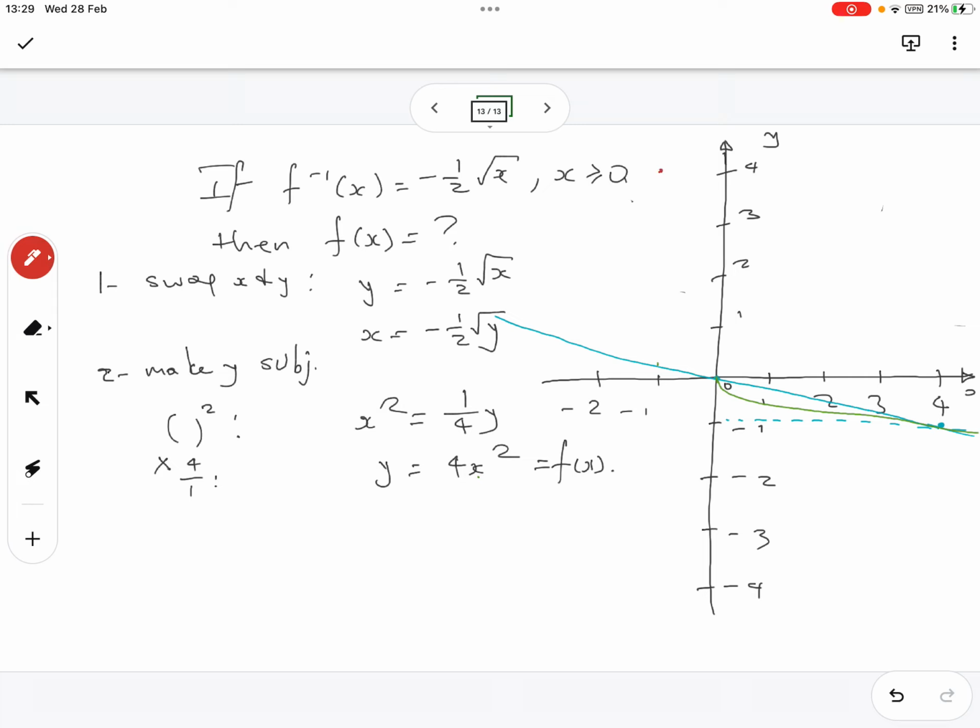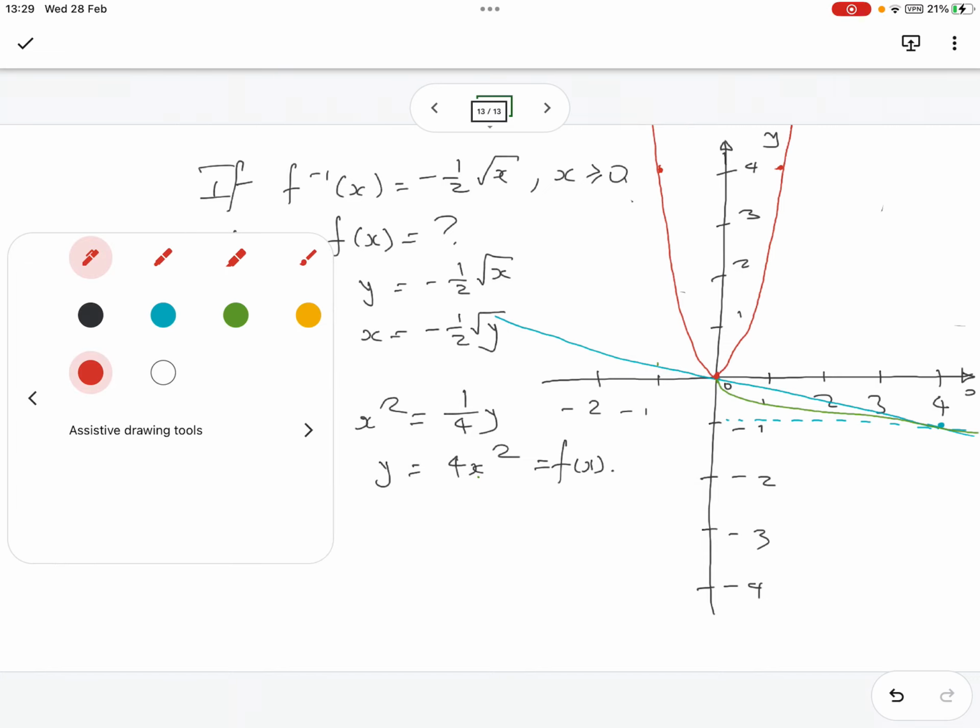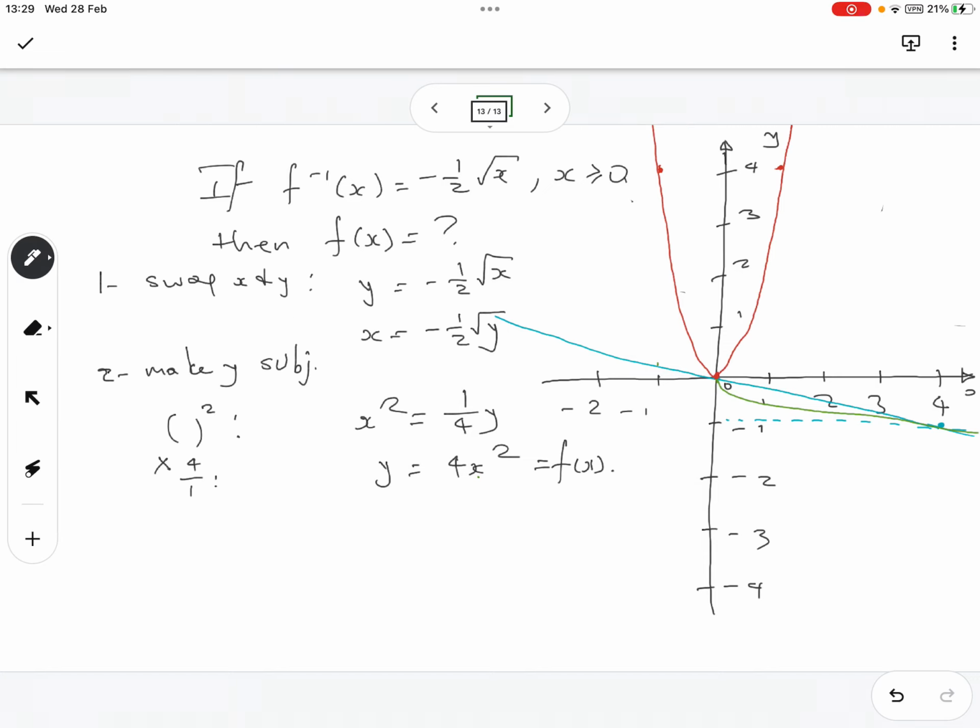So at x is negative 1, y is 4, and at x is 0, y is 0. So the curve will behave like this. I'm just waiting for your nod of approval, because it must make sense for everyone.